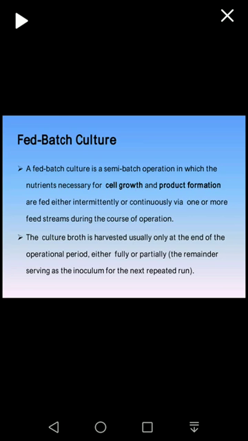Next repeated run means that you are again doing the next fed batch culture, in which the remaining media is being utilized, and again you are adding the media continuously or intermittently.